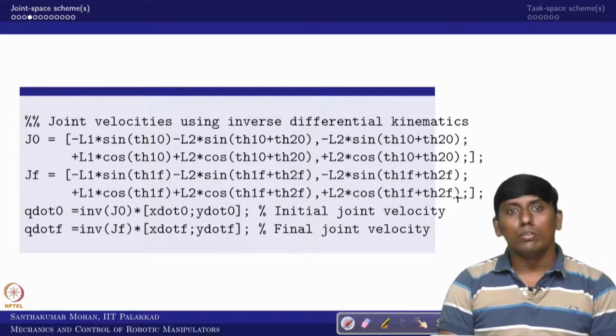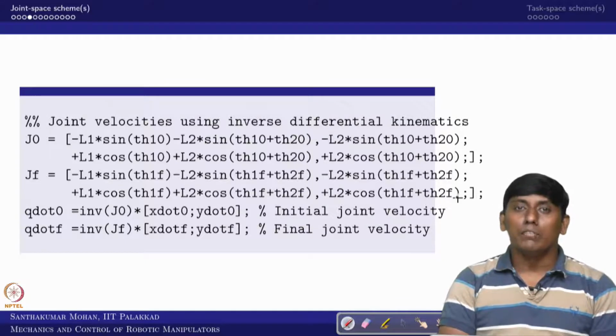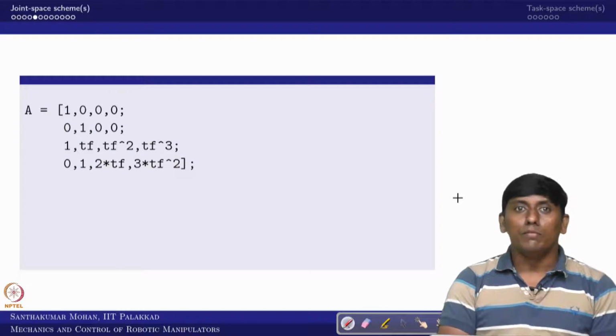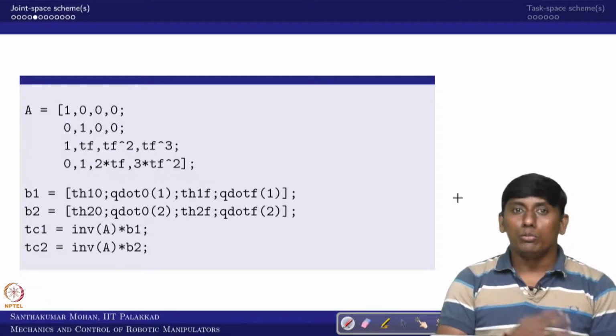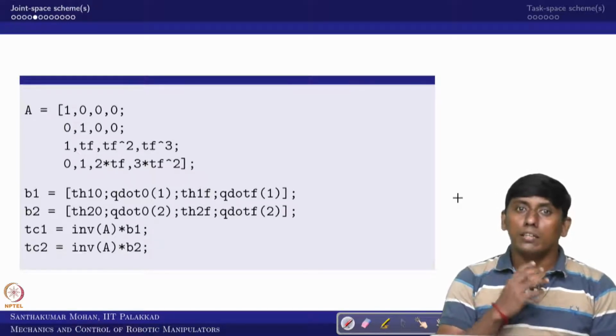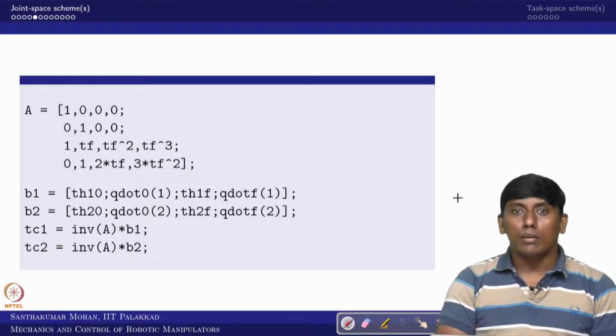Once all of these are known, we can go back to whatever profile generation you want to use. Since this is a demonstration, I have taken a cubic polynomial. For that we should know the coefficient matrix A, and we should know the known input as a vector. Here theta 1 initial, theta 1 dot initial, theta 1 final and theta 1 dot final need to be known for finding the first joint space trajectory.